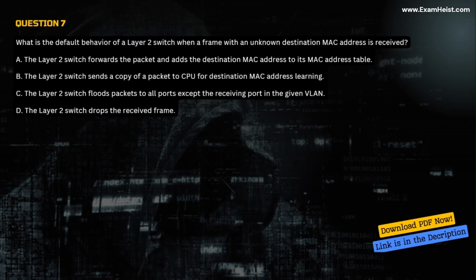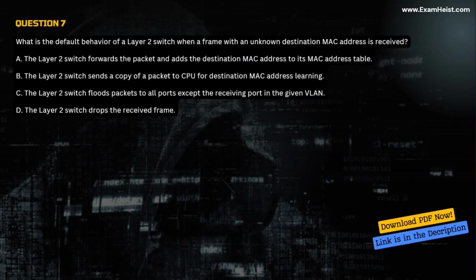Question 7. What is the default behavior of a Layer 2 switch when a frame with an unknown destination MAC address is received? A. The Layer 2 switch forwards the packet and adds the destination MAC address to its MAC address table. B. The Layer 2 switch sends a copy of a packet to CPU for destination MAC address learning.